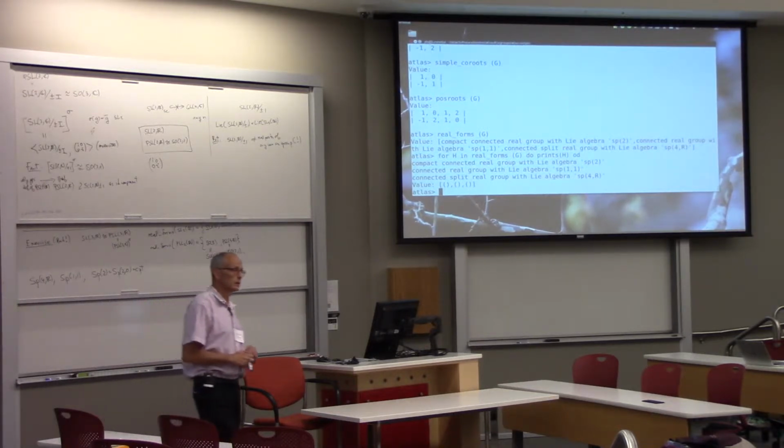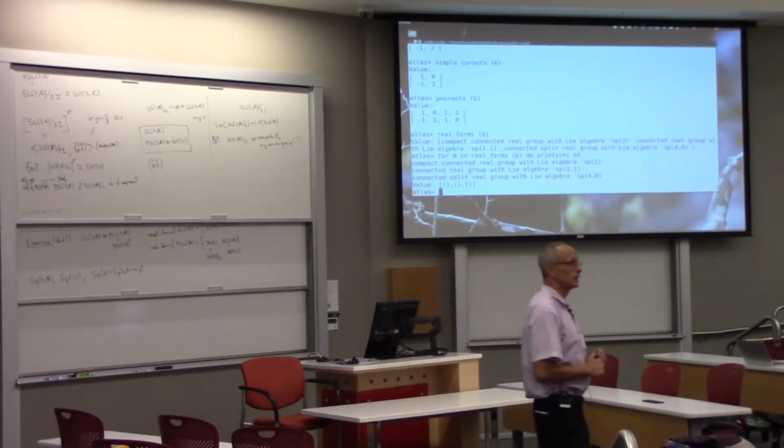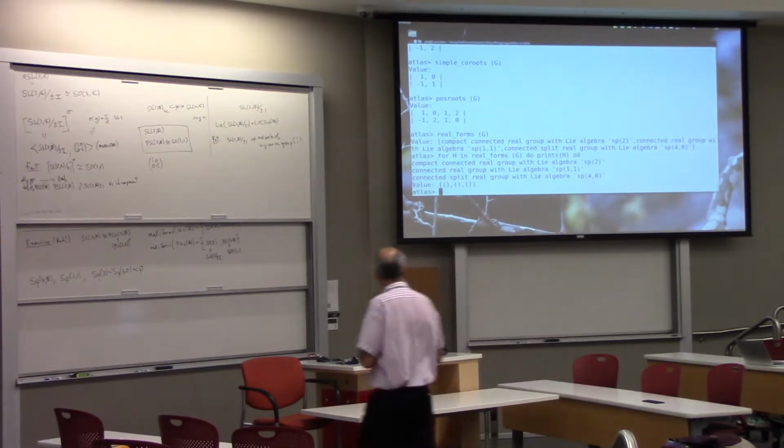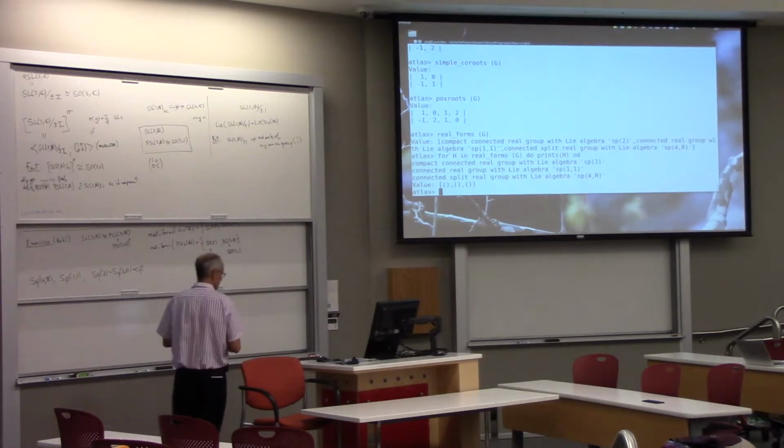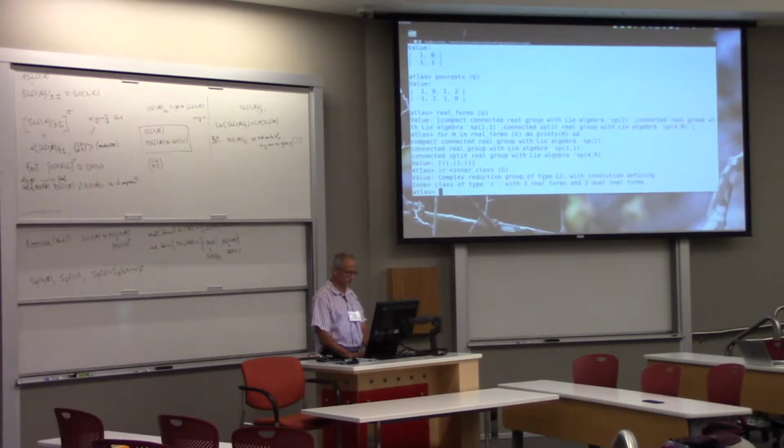Yes? So the real forms command, this is what Mark was asking about before. Really, what I should have said is IC is the inner class of G. And this is a collection of real forms of a given complex group.